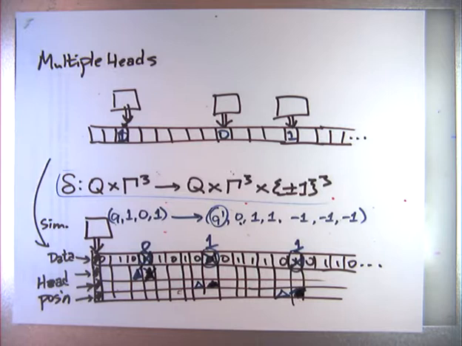Okay. It should also be clear here there's nothing special about the number 3. Just using exactly the same technique, I could design a Turing machine that has 2 heads, or a Turing machine that has 42 heads, as long as there's some constant hard-coded into the machine for how many heads there are. Okay?